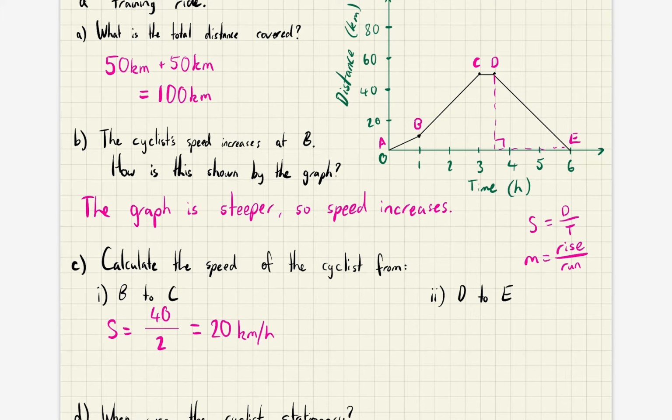So the rise here was 50, because it went from 0 to 50, and the time is going to be 2.5. So the speed from D to E is going to be 50 over 2.5. If you type that into the calculator, you'll get 20 kilometres an hour.